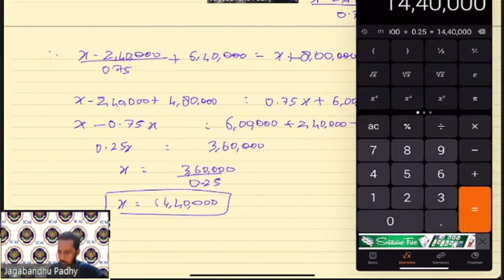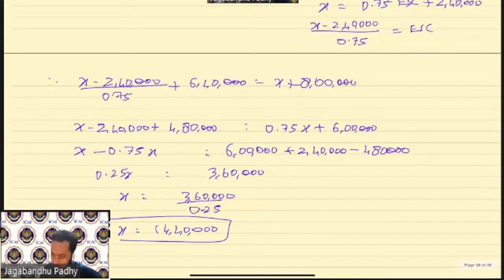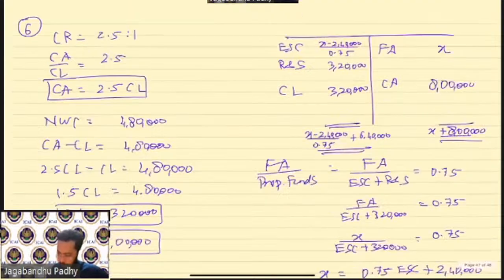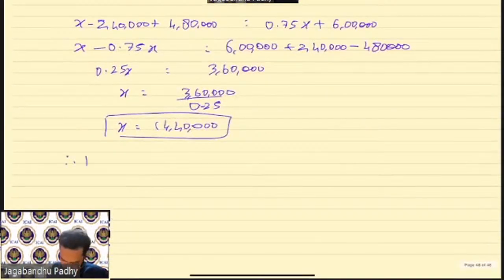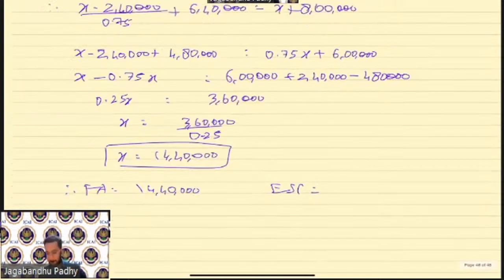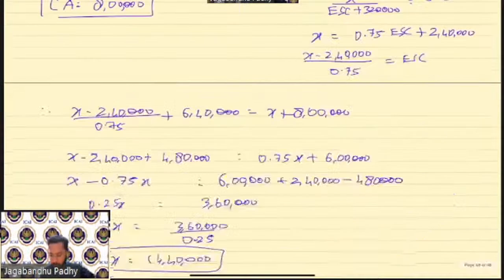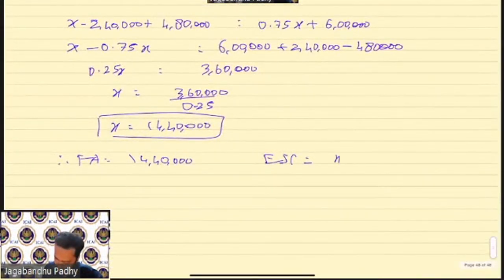Now what did we take x as? We took the fixed asset as x, right? Therefore, fixed asset is 14 lakh 40,000. Now, equity share capital will be this figure, (x minus 2 lakh 40,000) divided by 0.75.